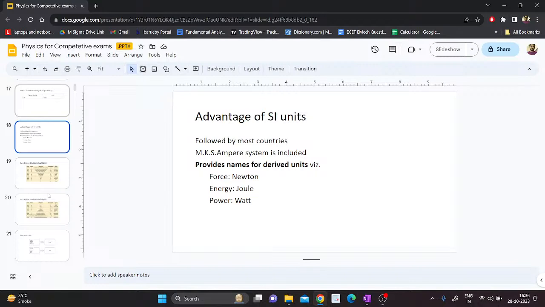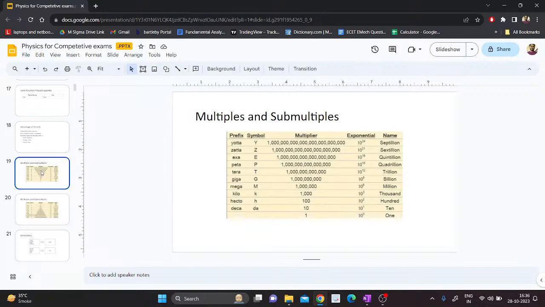Understood? Clear, everybody? Please listen carefully here. Also remember these multiples and submultiples, because you already heard about tens, hundreds, thousands, and so on, but we need to remember others as well, because sometimes it is multiplied by 10 power 6.